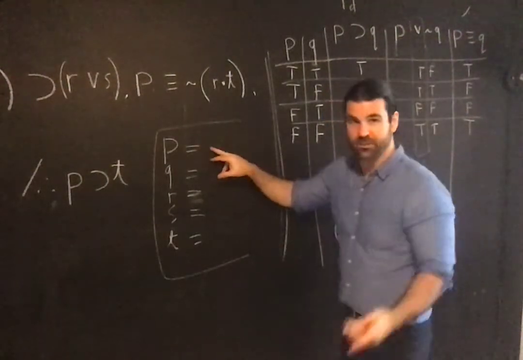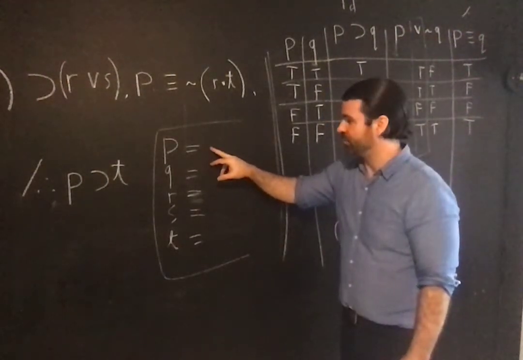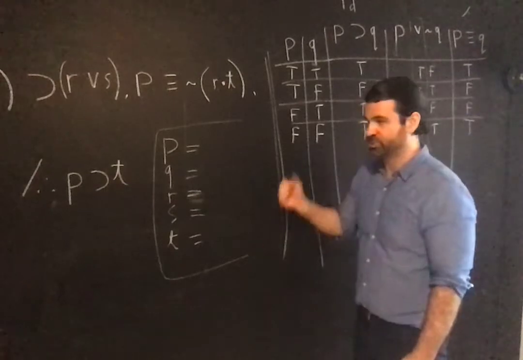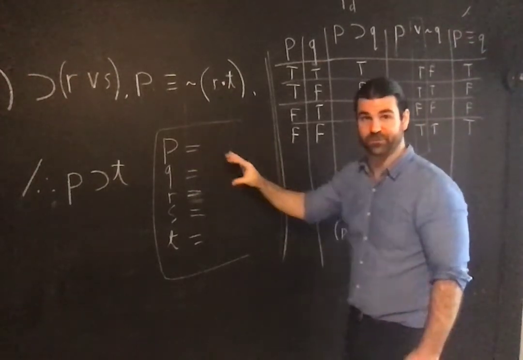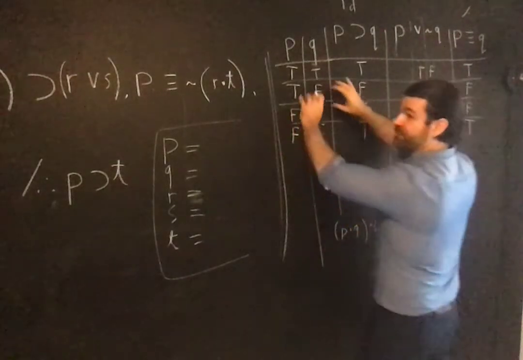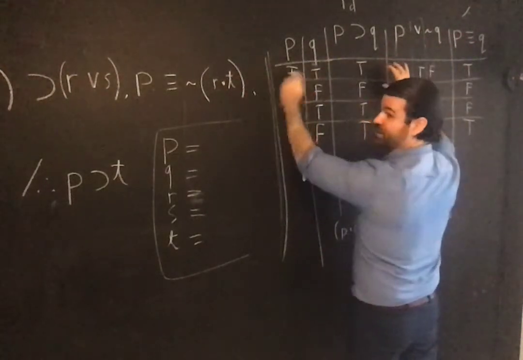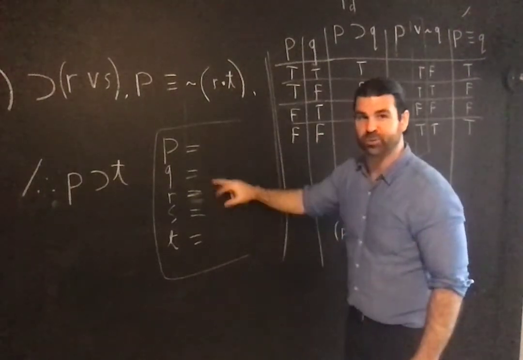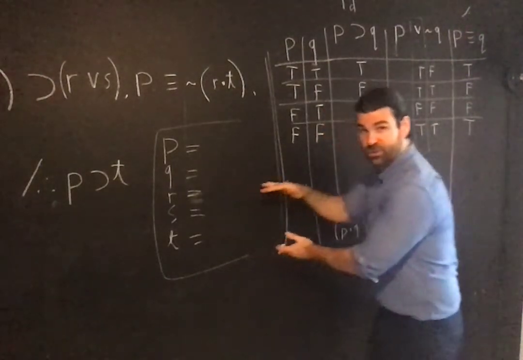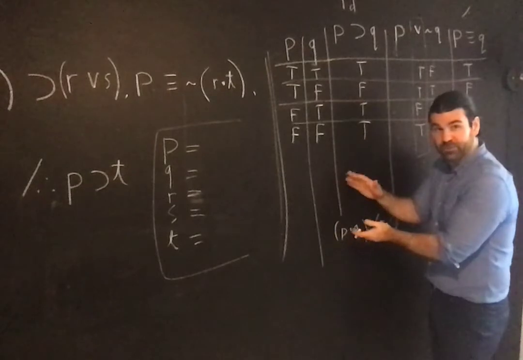Say, let's just say it's true, true, true, true, true. Everything is true. That makes the premises true and the conclusion false. It would be like me finding the first row and pointing to it and saying, look, that's the counterexample. Whatever that assignment of truth values is, it matches one row in a truth table.